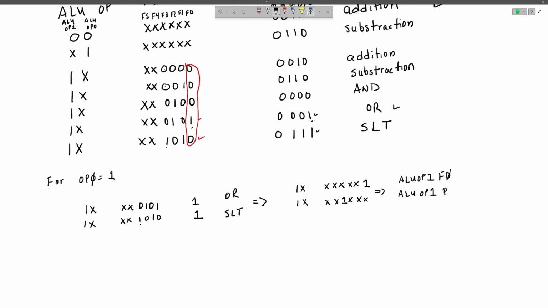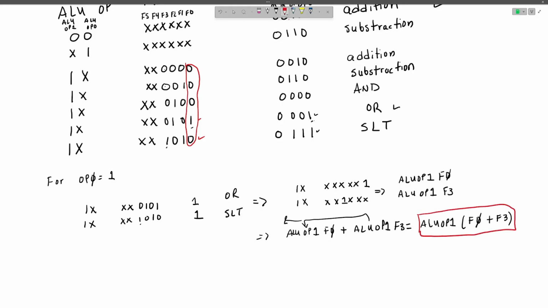And if we OR those two equations, then we can apply the distributive rule, and extract these two out like a common factor, and we have ALUOp 1 AND (F0 OR F3). And this is our equation for OP0.